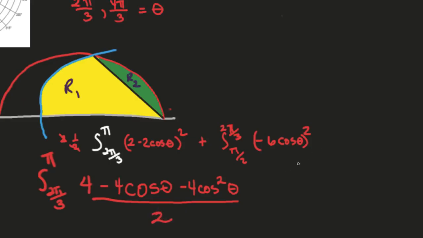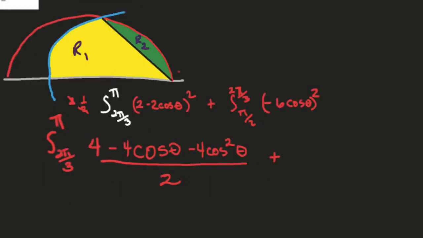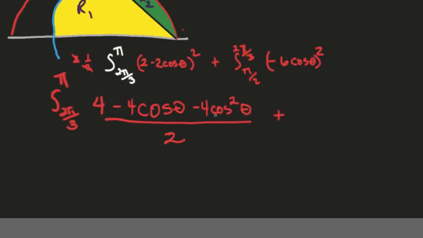Okay, and then at this point, you're going to get plus, we'll deal with that one here in a second. All right, so here you're right. Let's integrate the first two. You're going to get 4 theta, and then minus 2. What's the integral of cosine theta? Good. And then minus 2 times the integral.